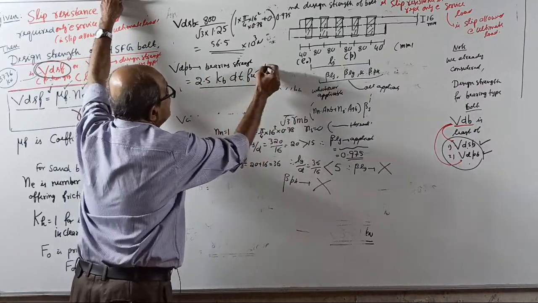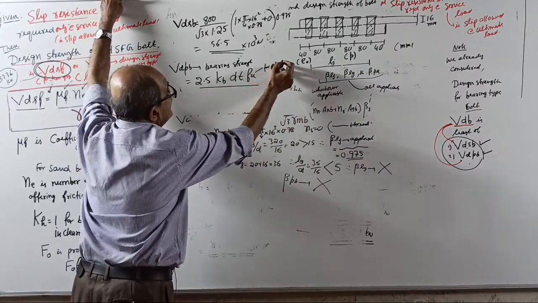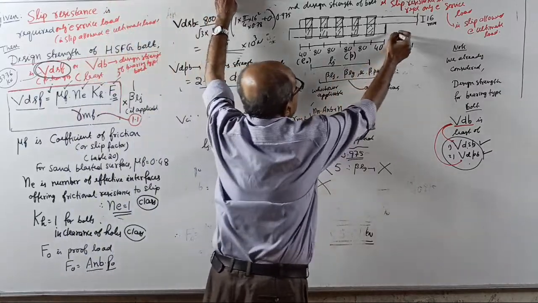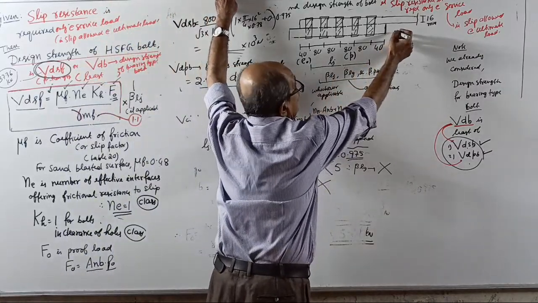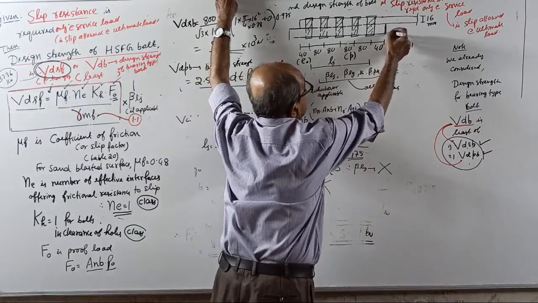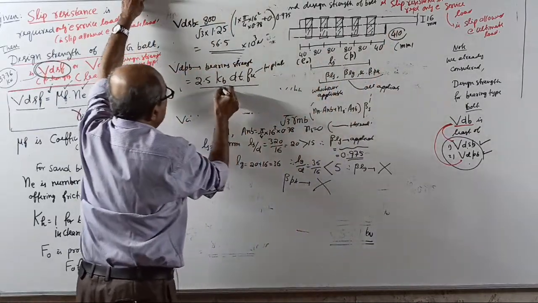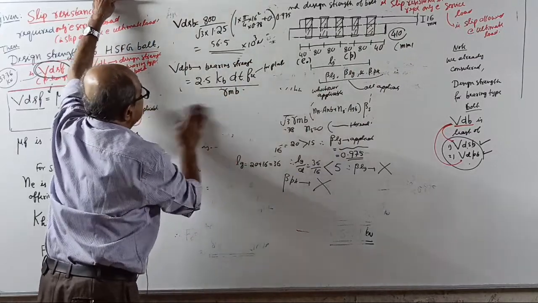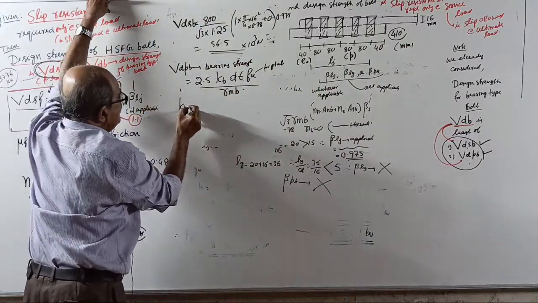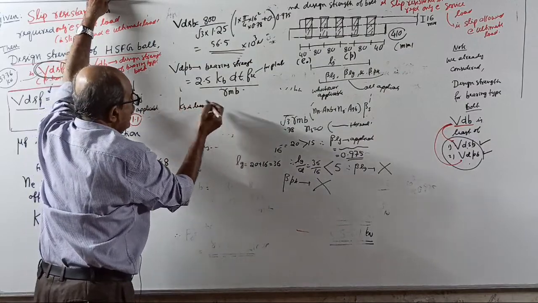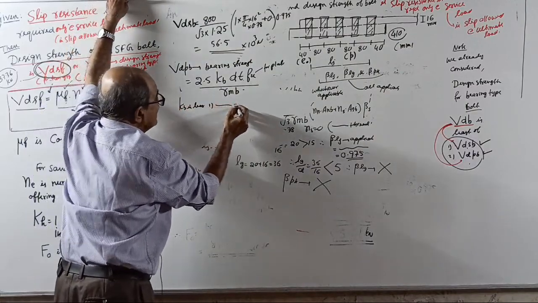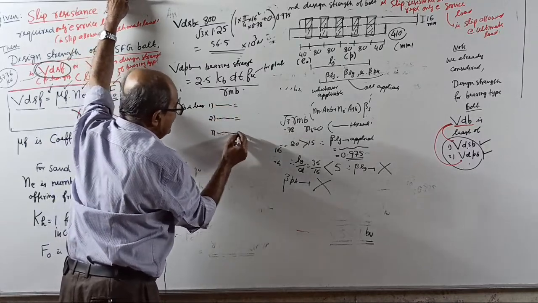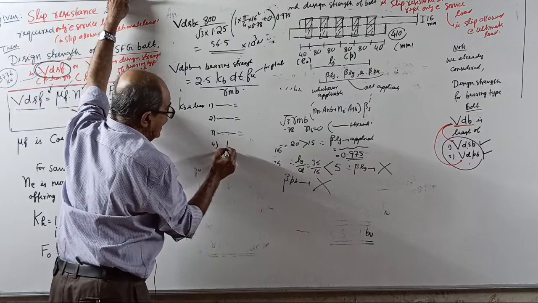FU for the plate, FE 410 plate, divided by gamma MB. Start. First, KB is the least of 1, second one, third one, fourth one.